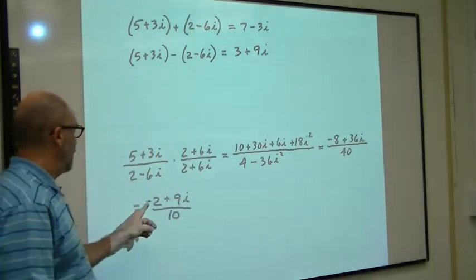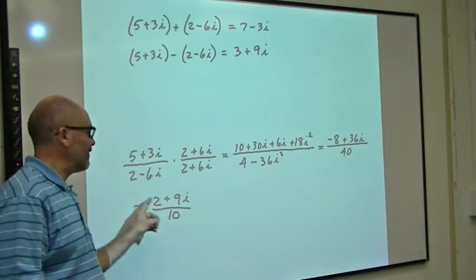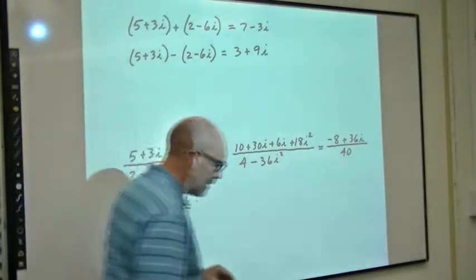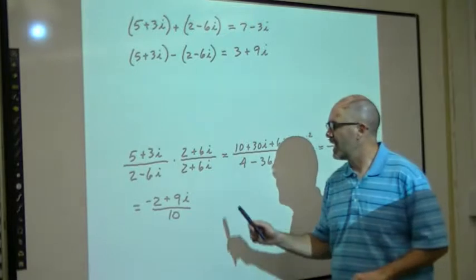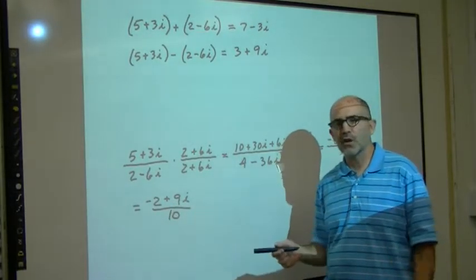Now, you'll see some textbooks that will leave it like this. But this is really unacceptable, because what we have here is a combination of real and imaginary, and they don't go together.